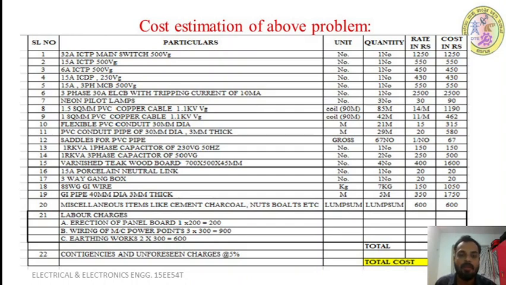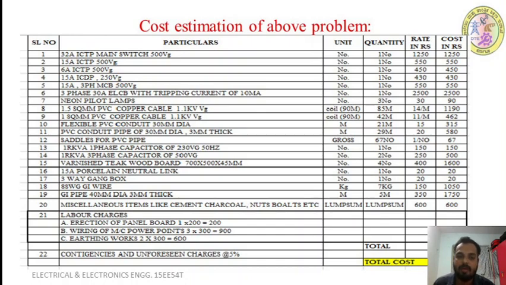Okay, here 32 ampere ICTP main switch, 500 volt grade, you require one number, and the rate is 1250. Rate means the cost of each unit, and cost is the total cost of that material. So 1 into 1250 becomes 1250.